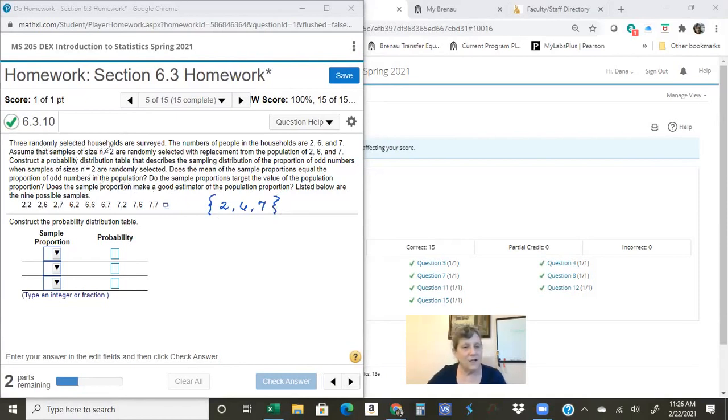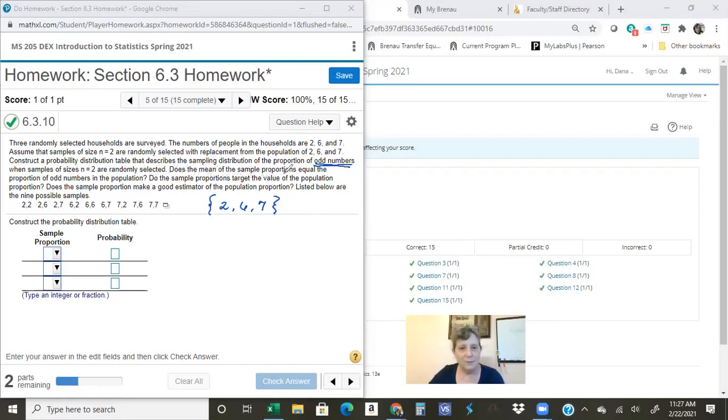Assume that samples of size n equals 2 are randomly selected with replacement from the population of 2, 6, and 7. Construct a probability distribution table that describes the sampling distribution of the proportion of odd numbers. Okay, so this is our choice of what we're going to look for a proportion of: the proportion of odd numbers when samples of size n equal 2 are randomly selected.